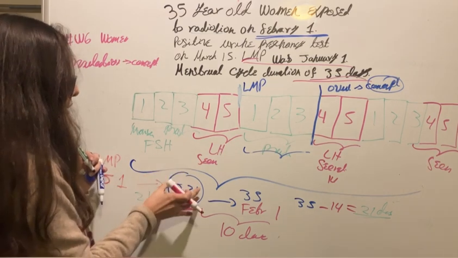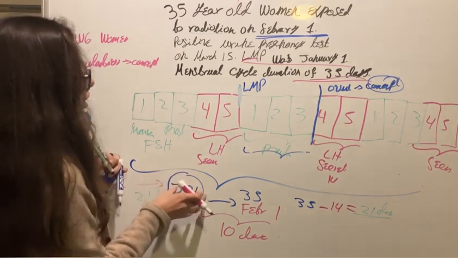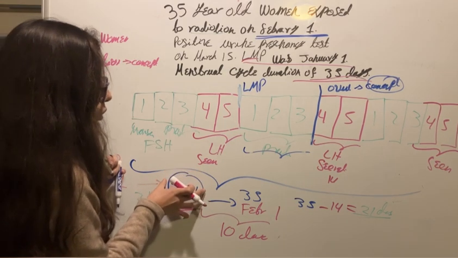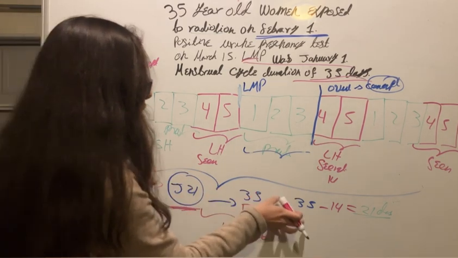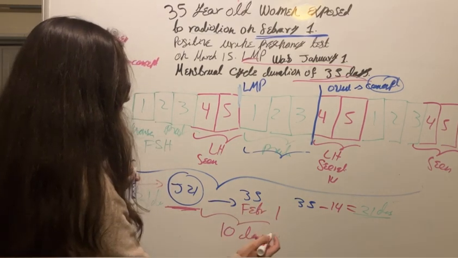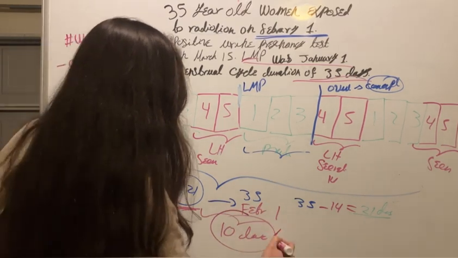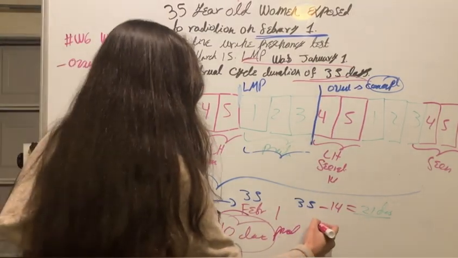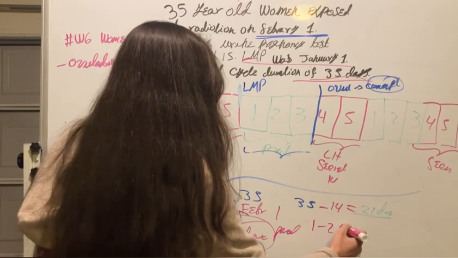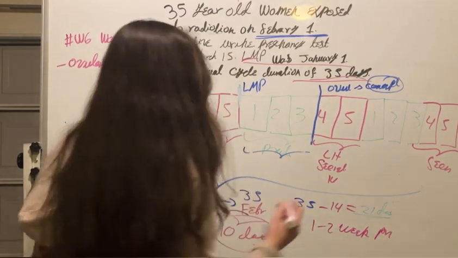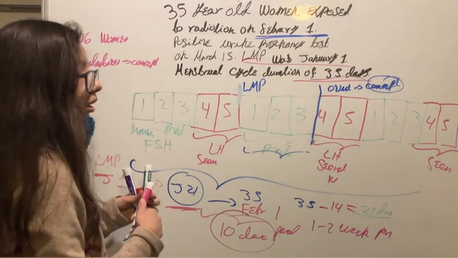So based on the conception date, she was exposed to radiation when she was 10 days pregnant. 10 days pregnant is between 1 and 2 weeks, 1 to 2 weeks pregnant.